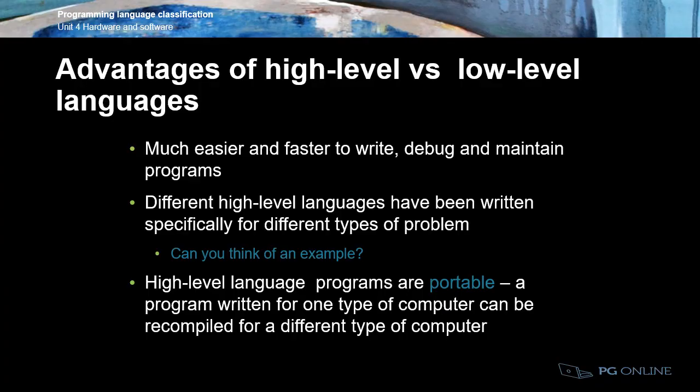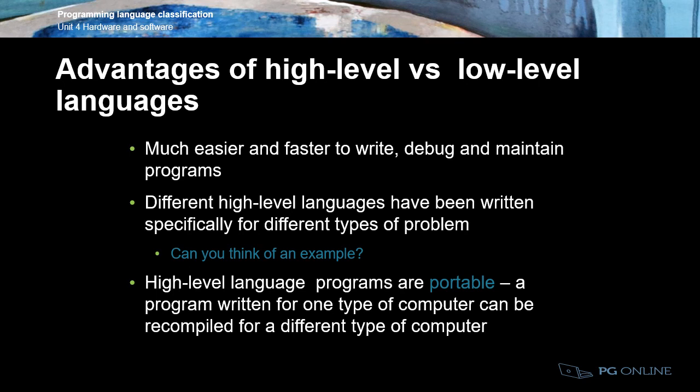So, advantages of high level versus low level. As we've just seen, it's much easier to debug, change and maintain programs because they're easier to understand. It's also quicker and much easier to write those programs.